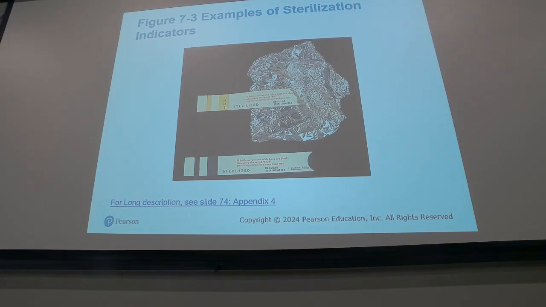This is previous to sterilization, so when you put these strips, they say not sterilized. If there was no contact with the steam, it will continue like this. But for something that was sterilized, the indicator shows sterilized. So the yellow color changes to blue or dark color.